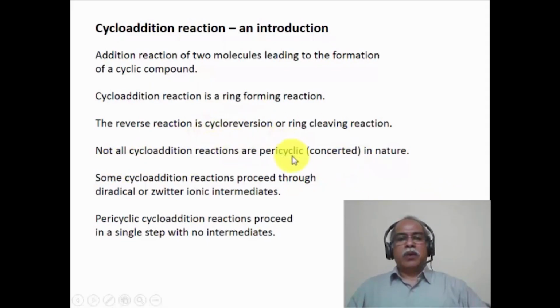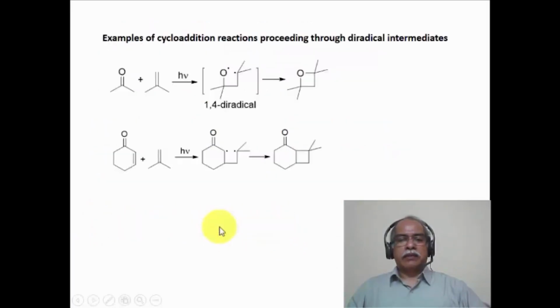This is something one can see very clearly in the next two slides by various examples. Some cycloaddition reactions essentially proceed through diradical intermediate or ionic intermediate, which are known as the zwitterionic intermediate. Pericyclic cycloaddition reactions are essentially those reactions which proceed in a single step with no intermediate, which is the basic definition of any pericyclic reaction.